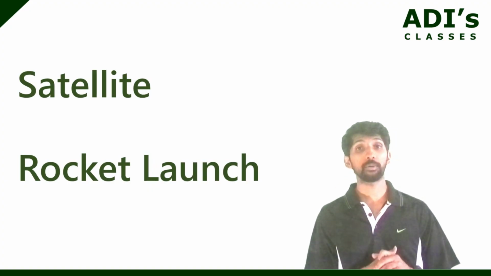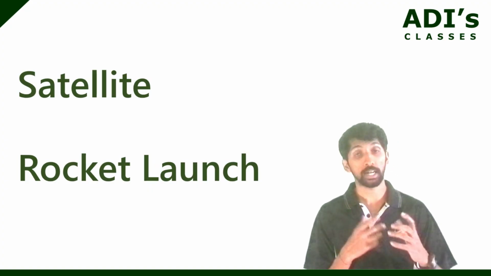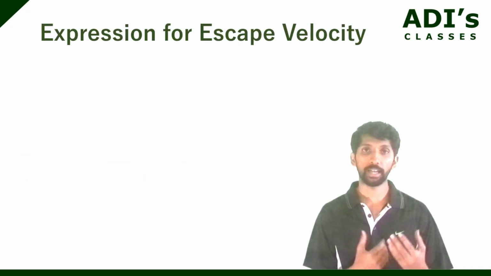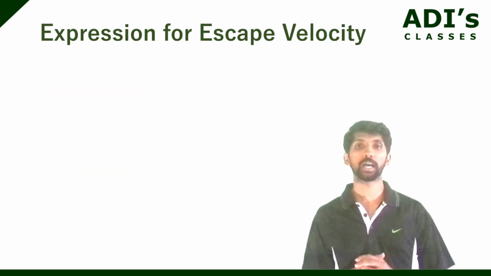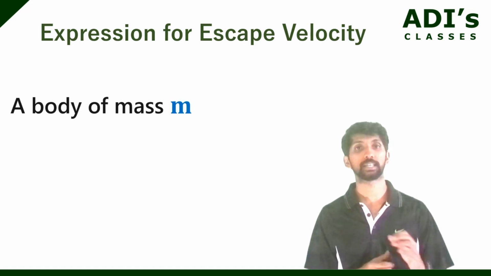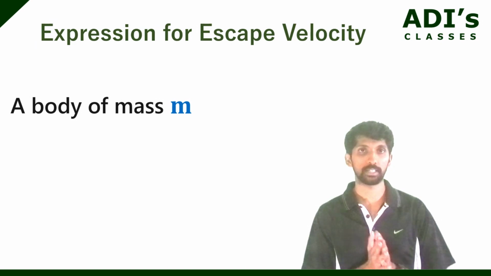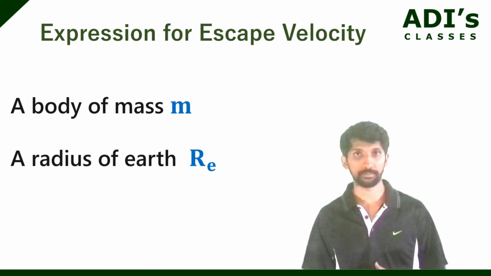Now, how much escape velocity does Earth have? We'll try to derive an expression for the escape velocity. Suppose we have a body of mass m placed on Earth. Let's say the mass of the Earth is Me and the radius of Earth is Re.